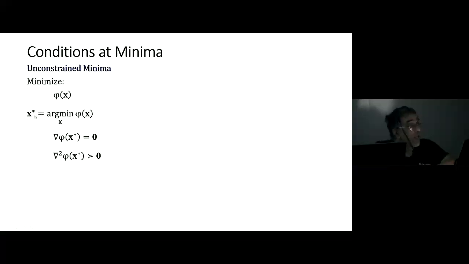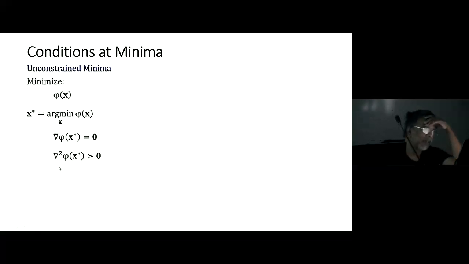And let's suppose X star is the unconstrained minimum of phi of X. Then the conditions for this to be a minimum are the first derivative should be equal to 0 at the minimum. This is common sense, and this is a necessary condition.